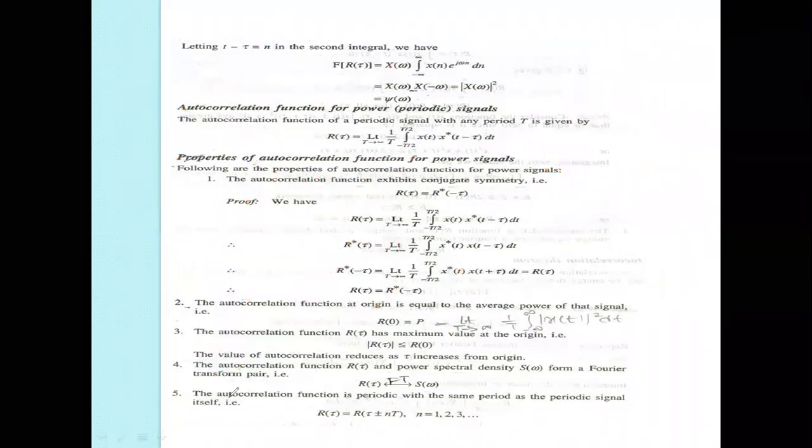Got it, my students? And the fourth property: the autocorrelation function R of tau is a Fourier transform pair of, there it is the energy spectral density, now here it is the power spectral density S of omega.